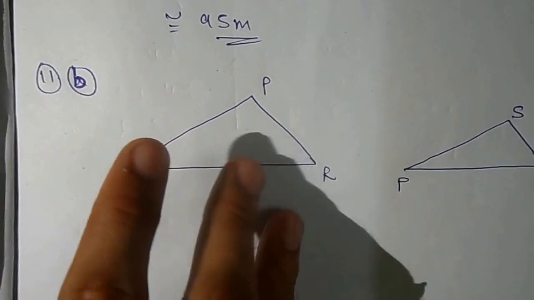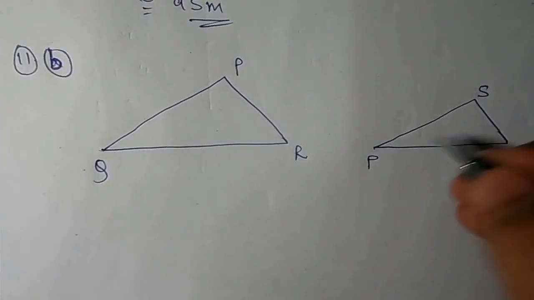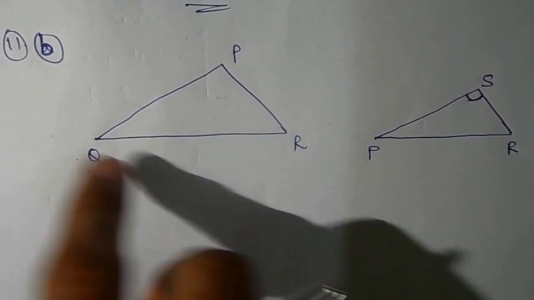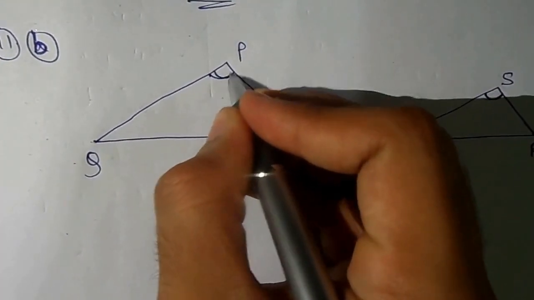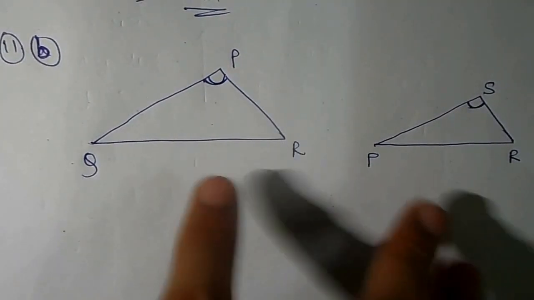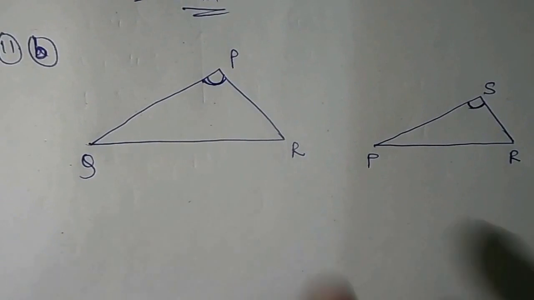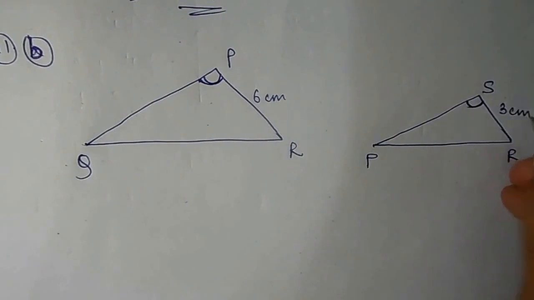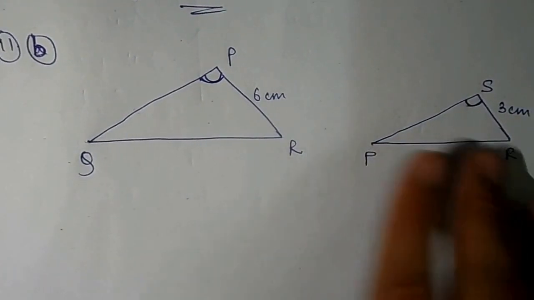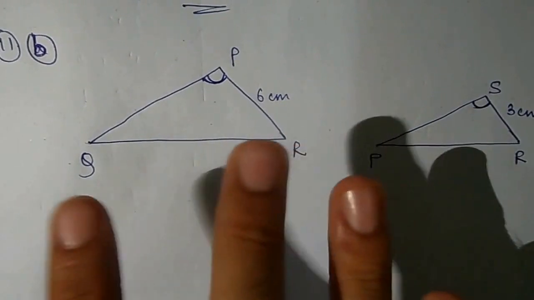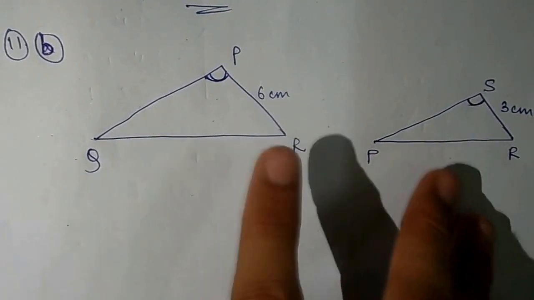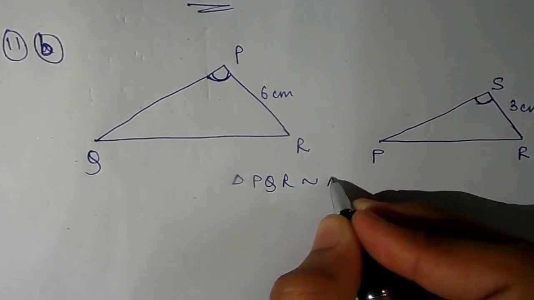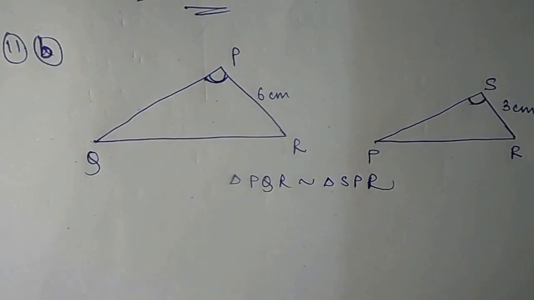In the question it is already given that angle PSR equals angle QPR. So basically in both triangles an angle is equal, and another thing, this is 6 centimeter and SR equals 3 centimeter. Now there is a ratio of 1:2. Now here we have to prove similarity. So we have two evidences and this proves the similarity of triangle PQR and triangle SPR. Okay, easy thing.